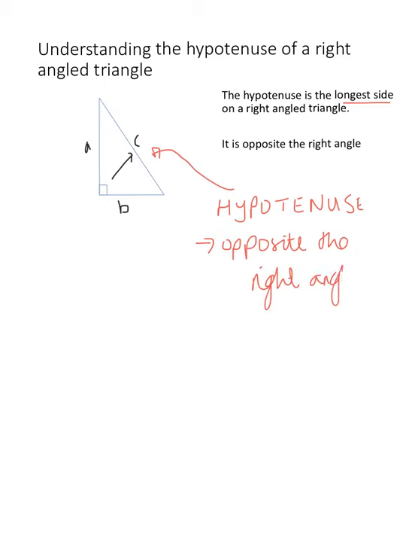So just worth remembering: we always label the shorter sides A and B, and the hypotenuse is always C. Now Pythagoras' theorem states that the square of the hypotenuse, in this case C squared, equals the sum of the squares of the two sides, so C squared equals A squared plus B squared.